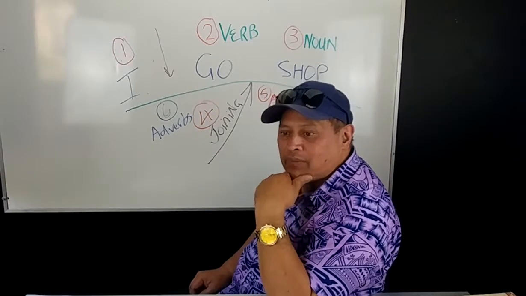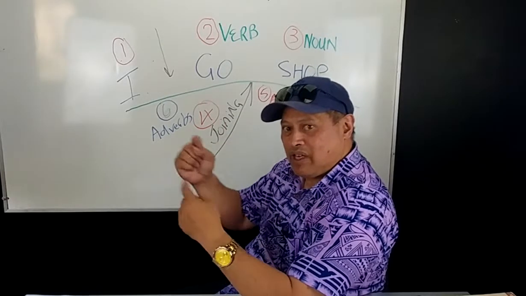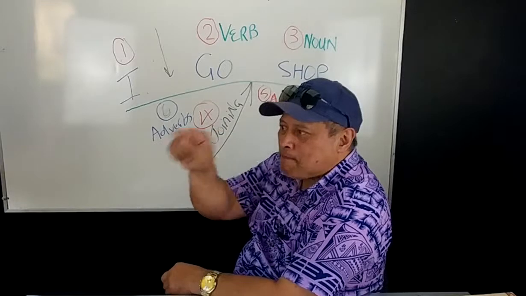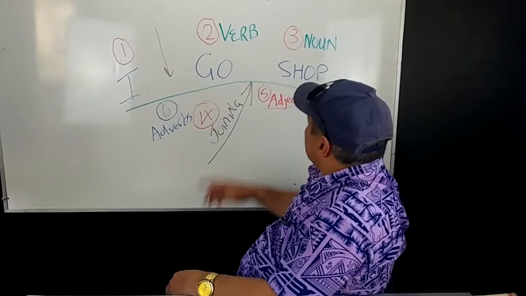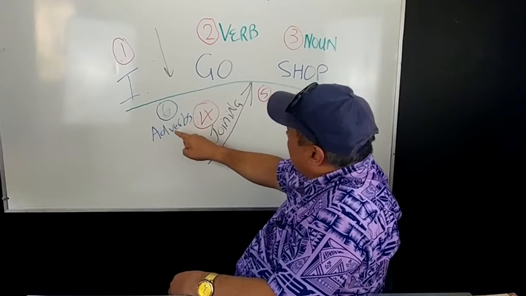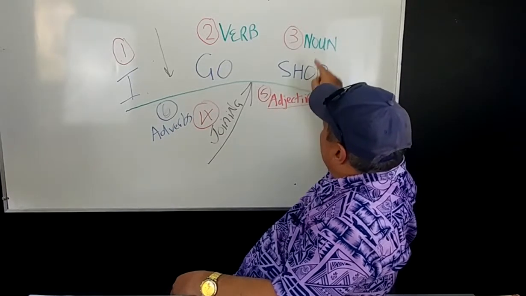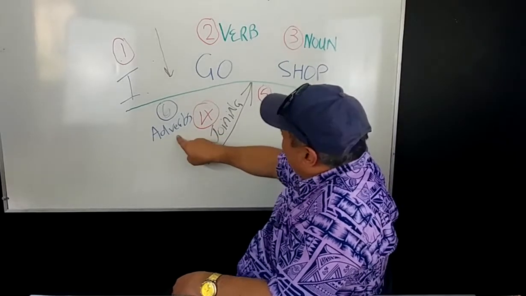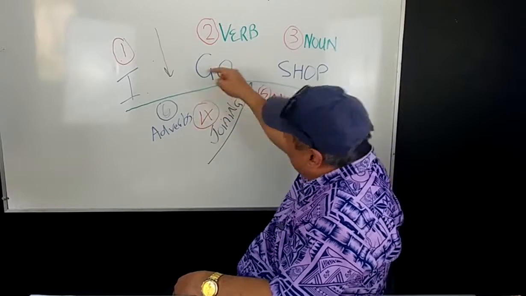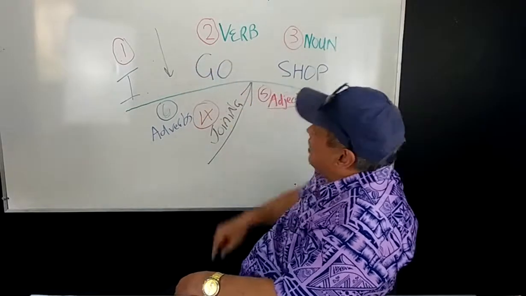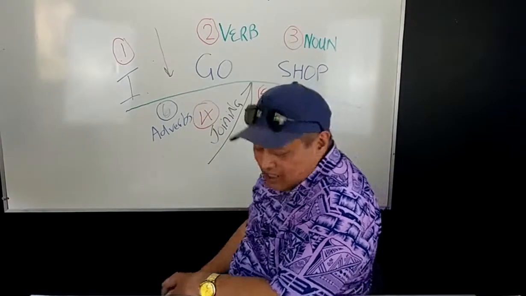I think we've provided some sheets where you can slot in the main words you use every day, and then put the Maori words up so you can see them in front of you. So those are the adverbs, and these are the adjectives. Adjectives describe a noun, what sort of shop it is. Adverbs describe the verb and how you're doing it: going quickly, going slowly, running fast, running slow.